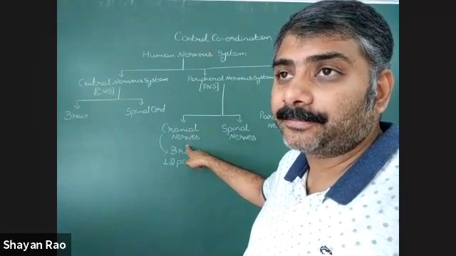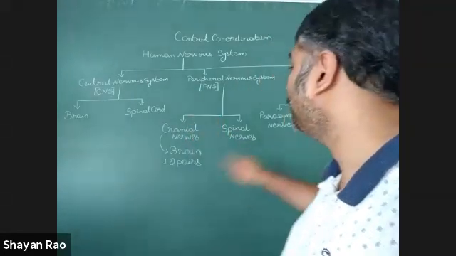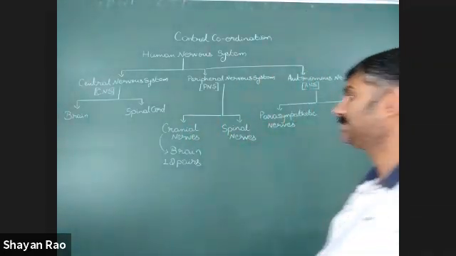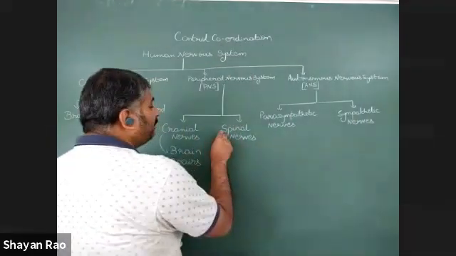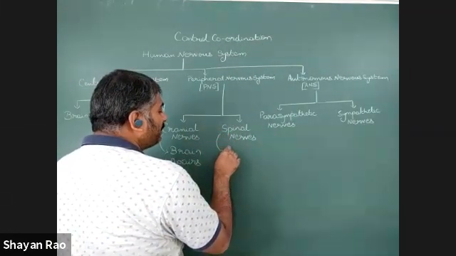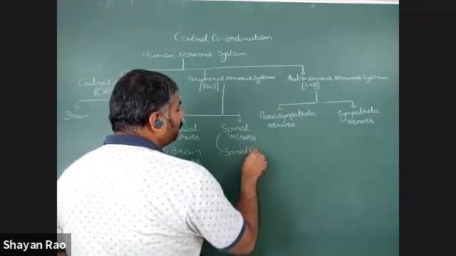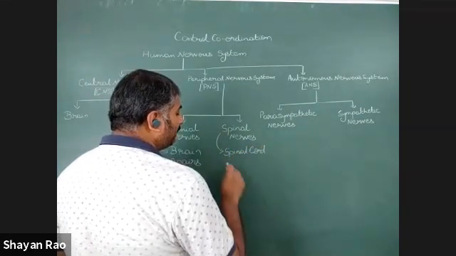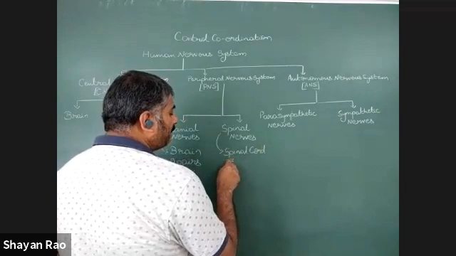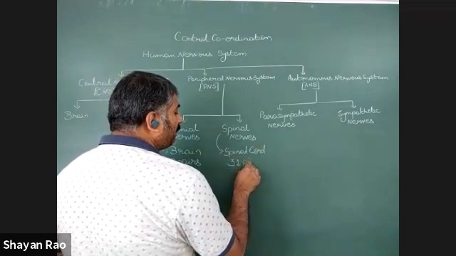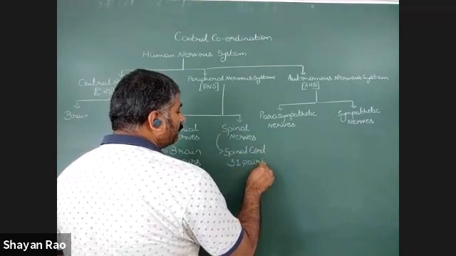Is that clear? Yes, sir. Okay, then we have the spinal nerves. The name itself suggests they arise from the spinal cord. In our human body we have 31 pairs of spinal nerves.